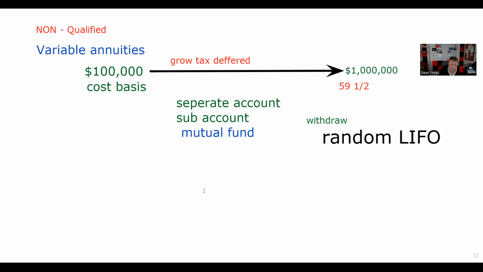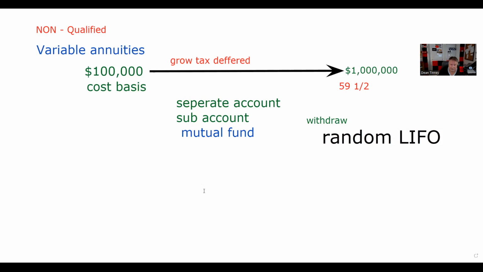So if I send you $100,000, I'm not sending you the 100 you already paid taxes on. I'm sending you 100 of the 900 you have not paid taxes on. So it is testable to know that if you do a random distribution, random withdrawal, it's going to be LIFO: last money in, first money out.